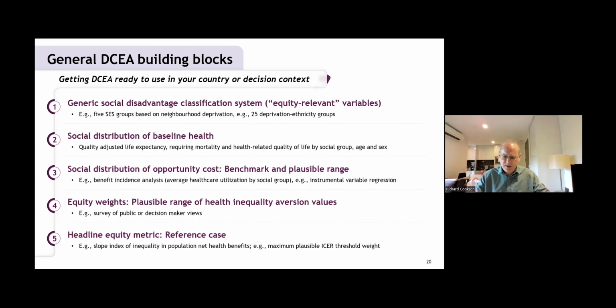There are so many different equity indices out there, some quite fancy ones, like entropy measures, all sorts of fun things, or just gaps or ratios. You just need to make a decision about one simple standard thing and stick with that, and then you can do your fancy indices in the appendix. Okay, so that's that.